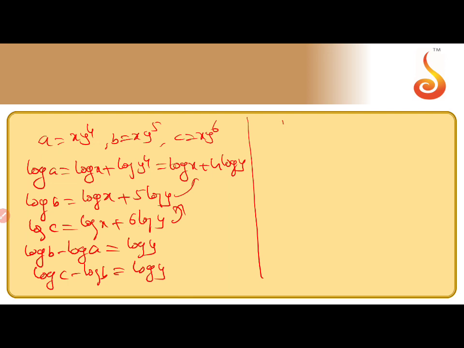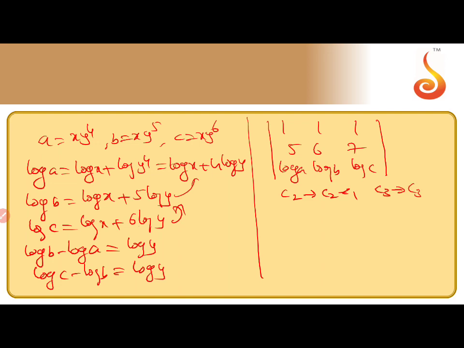What is the question given? The determinant 1, 1, 1; 5, 6, 7; log a, log b, log c. What I will do is C2 as C2 minus C1, and C3 as C3 minus C2. Why I am doing this, you will get the idea. The first column is the same.